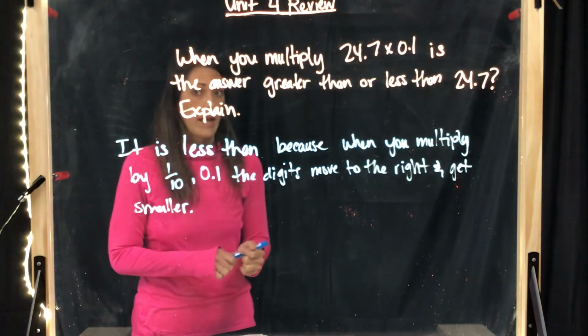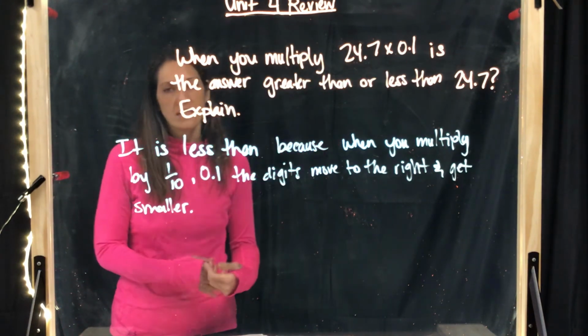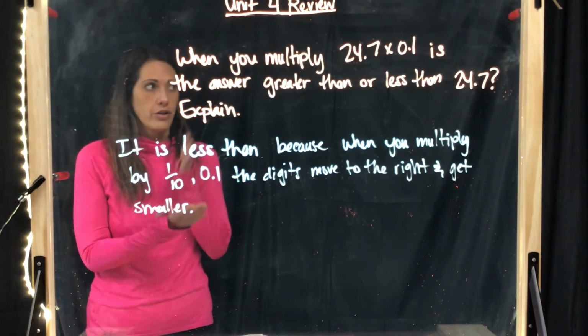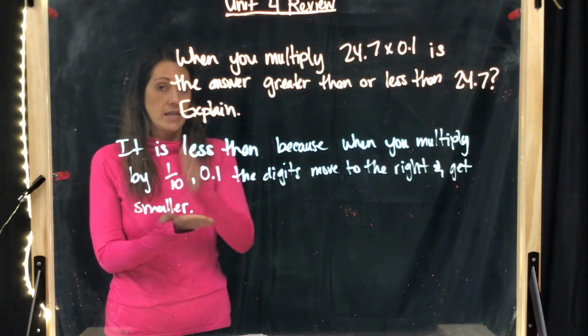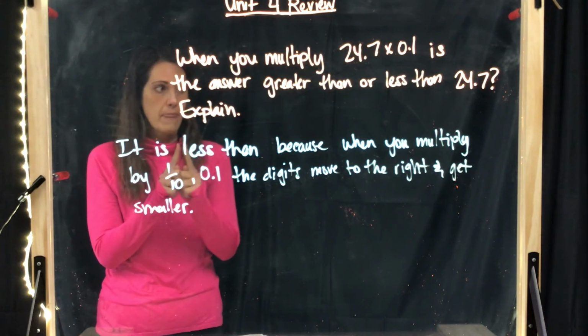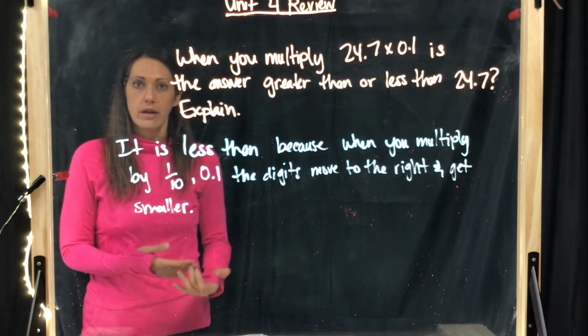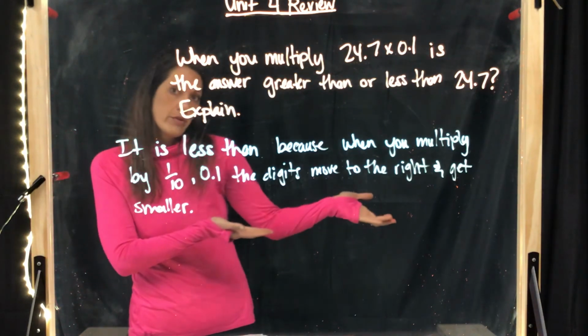You can also say, I'm not going to write this down, but you can also say when you multiply by 1/10, that's the same as dividing by 10. You're cutting things up into 10 different pieces, and you're taking what's 1/10 of it, okay? So when you divide, you know that your answer will get smaller. Again, your digits will move to the right.